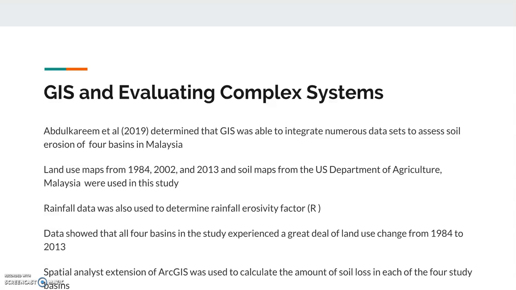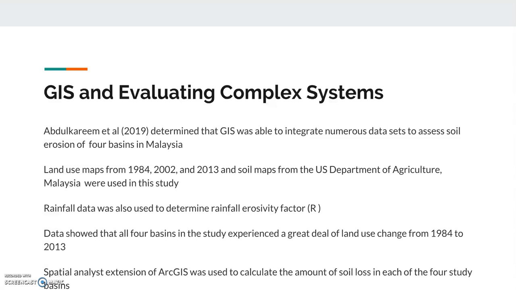Another use for GIS is to evaluate complex systems that have a lot of data. In this study from 2019, GIS was used to integrate lots of different types of data into one study. The authors were looking at soil erosion of 4 basins in Malaysia.